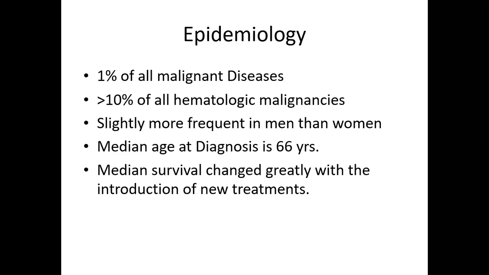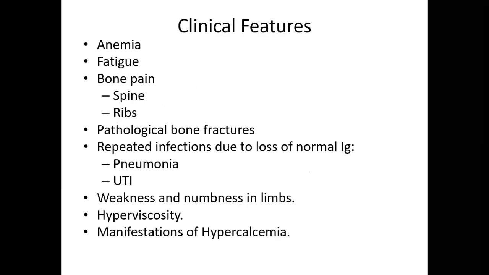It is a rare malignant disease. It forms 1% of all malignant diseases, slightly more frequent in males. The median age of diagnosis is 66 years. Median survival improved greatly with the new modalities of treatment.